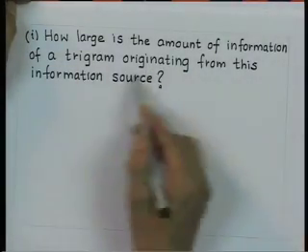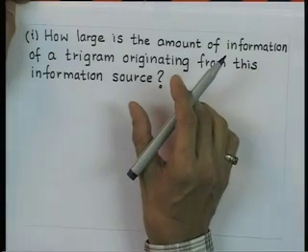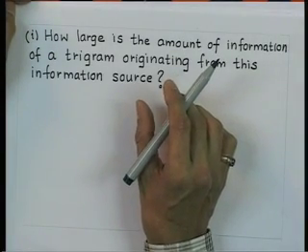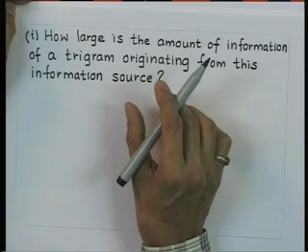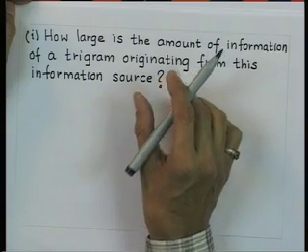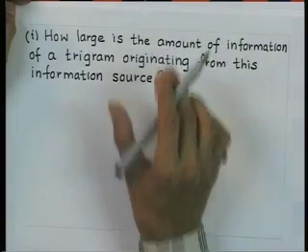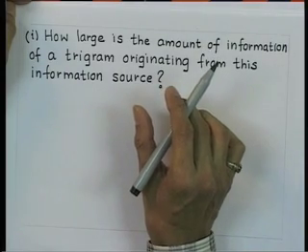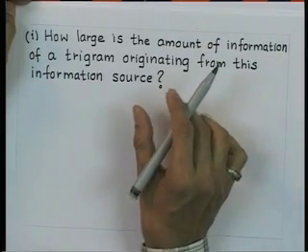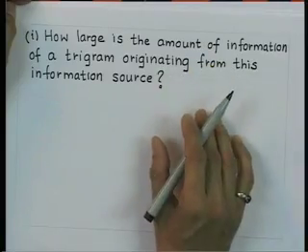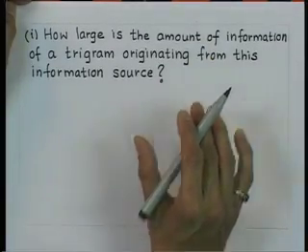What I mean by this statement is that if I look at the messages being emitted from this source as messages of length 3, then what is the amount of information contained in that message. So, let us try to evaluate this. In order to evaluate this, I have to calculate the amount of information per trigram.